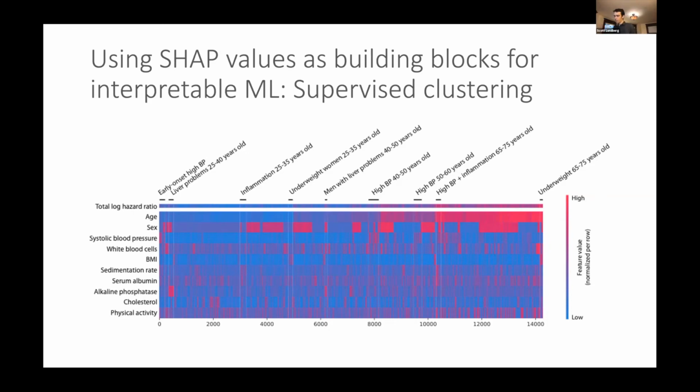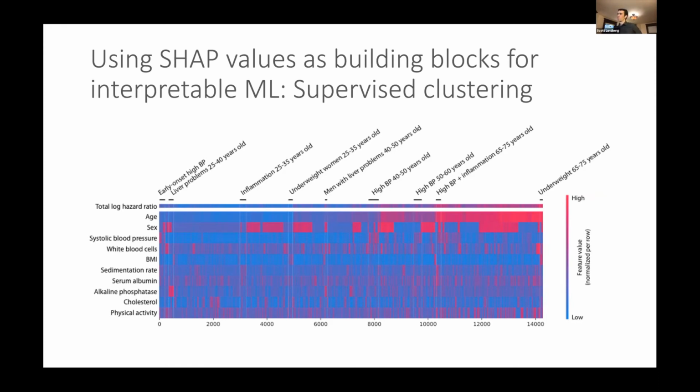And that's something we'll call supervised clustering, where essentially we can easily compare, because remember, these all have the same units, which are the output of the model. So I don't have to compare years to categorical variables to whatever units the lab used for the white blood cell measurement. All of those are very, very hard to calibrate and compare to each other. It's one of the main challenges in clustering, computing these calibrations.